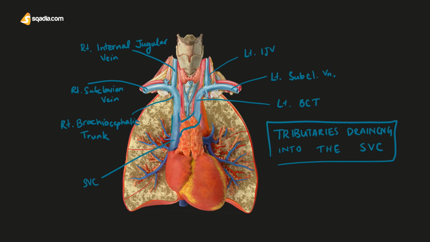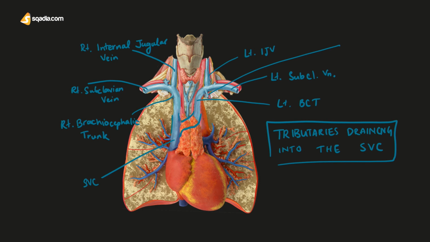So these are the tributaries draining into the superior vena cava. Okay? So let's talk about other veins at the level of the superior thoracic aperture. So one, we have the internal thoracic vein. This runs parallel to the internal thoracic artery. We can see this one right over here.